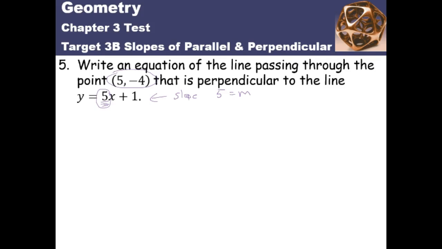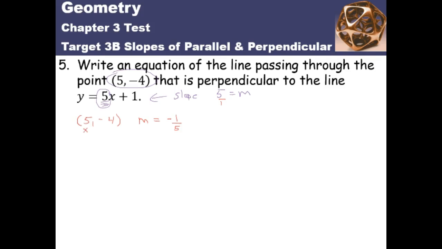Now I'm going to do my equation in red. I'm going to use the point (5, -4), and my slope has to be the negative reciprocal of 5. Well, this is 5 over 1. So when I flip it over, I get 1 over 5, and I change the sign, so -1/5. So I'm going to use the slope -1/5 and my point (5, -4).